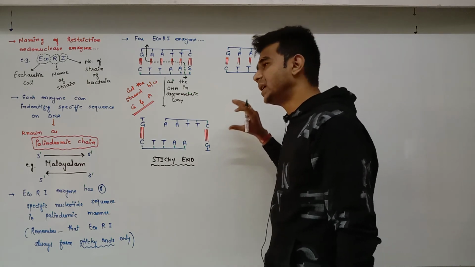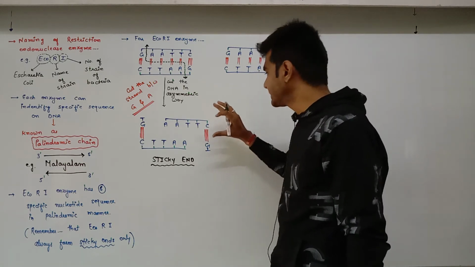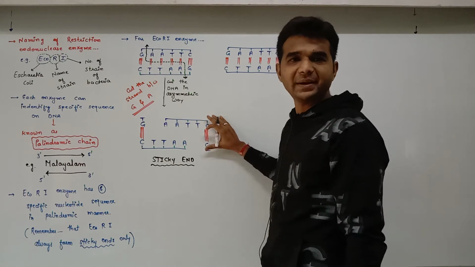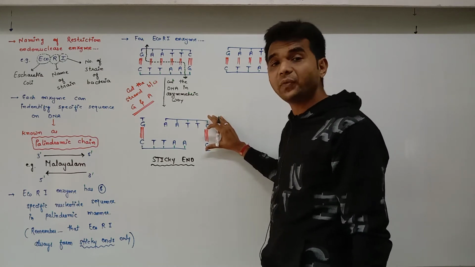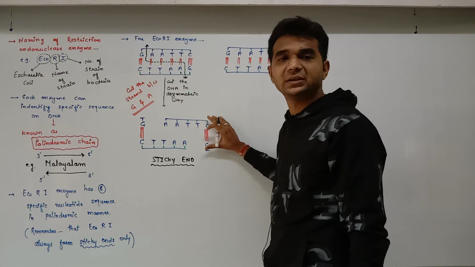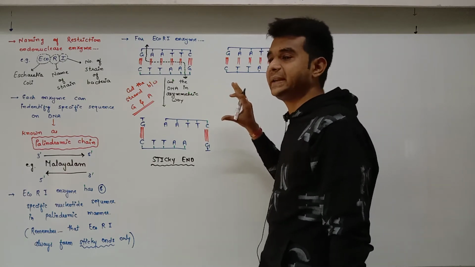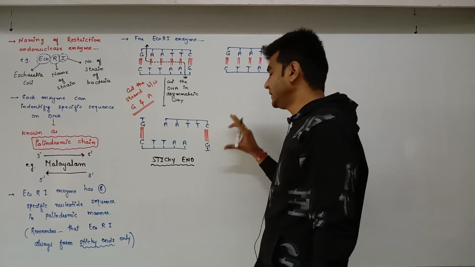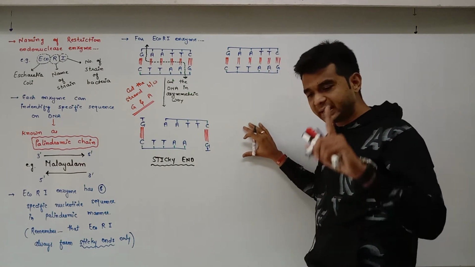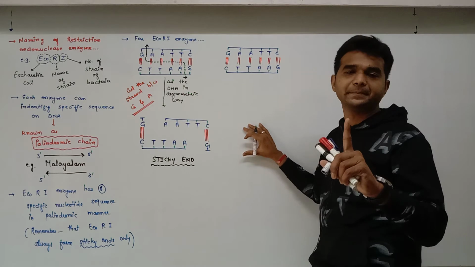And another organism's same fragment of the gene, but it performs a different function compared to this. So that is known as foreign DNA. In the foreign DNA, we are using the same EcoR1 enzyme.